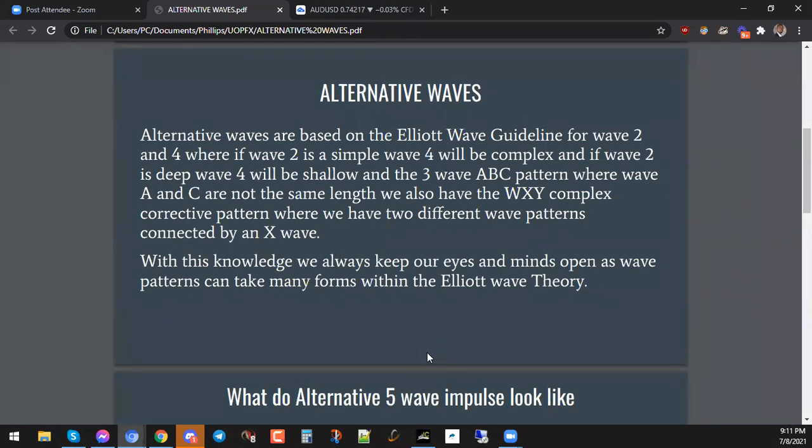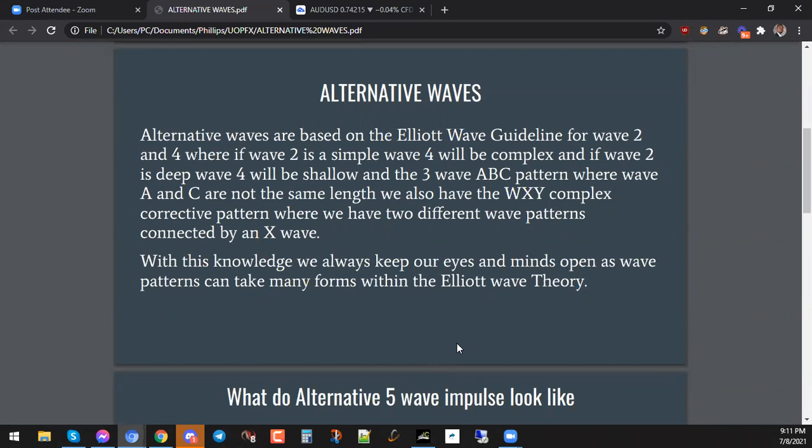This is where you have AB and CD being equal in length. The ABC pattern does not have equal wavelengths, where wave A could be long and wave C could be short, or wave A could be short and wave C could be long.